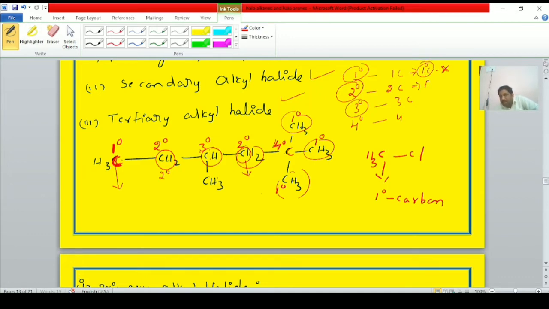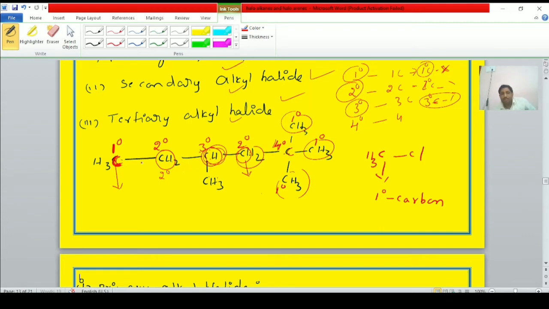If the halogen atom is bonded to a secondary carbon, it is known as a secondary alkyl halide. If the halogen atom is bonded to a tertiary carbon, it is known as a tertiary alkyl halide. Here, students, it depends upon the nature of the carbon atom to which the halogen is bonded. The alkyl halides are primary, secondary and tertiary alkyl halides.